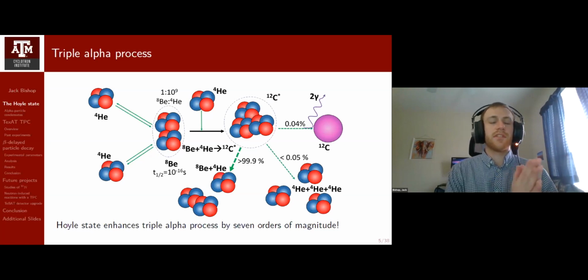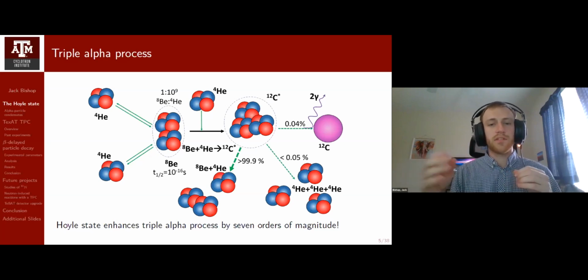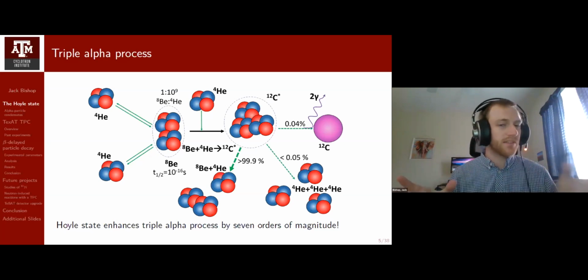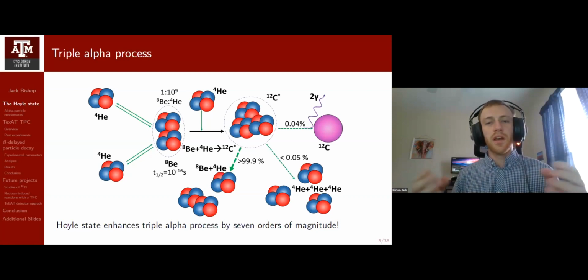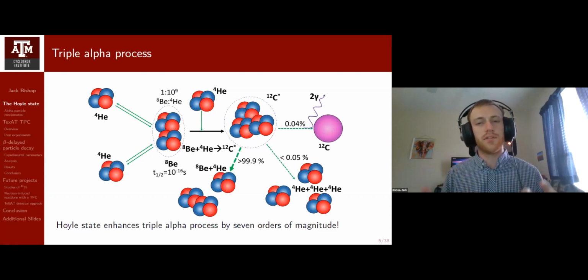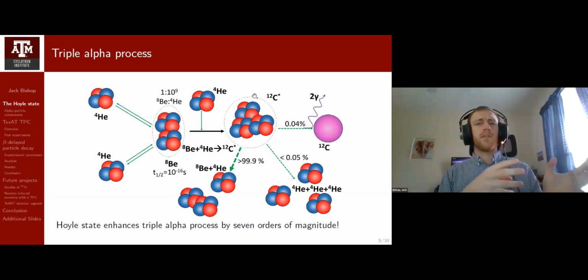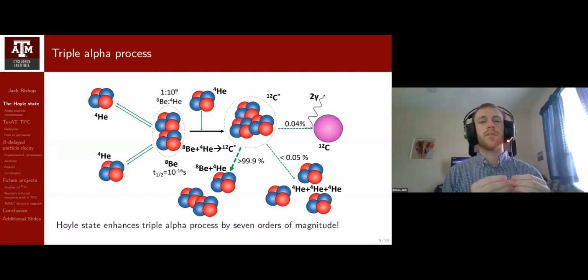If it weren't for the existence of this state sitting at roughly the right energy with the right properties, then all life as we know it may not exist, and our universe may be very boring, because we would never be able to overcome in a very strong way this A=5, A=8 bottleneck in nucleosynthesis.